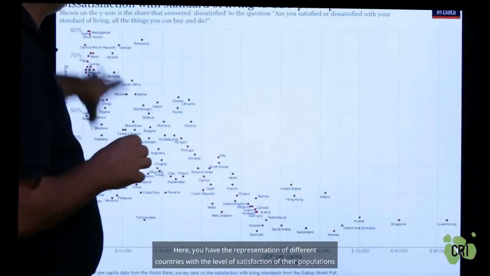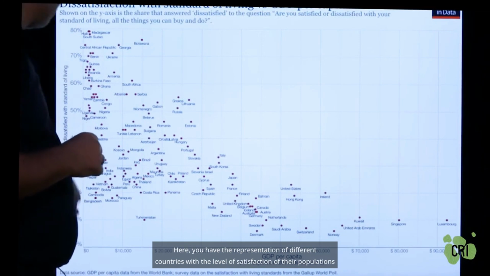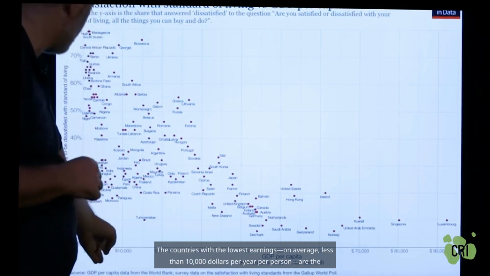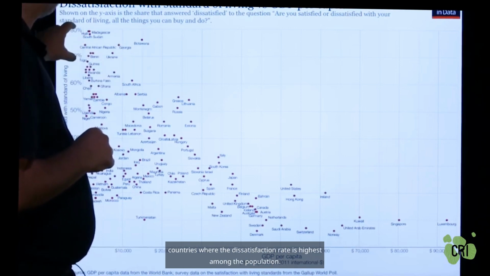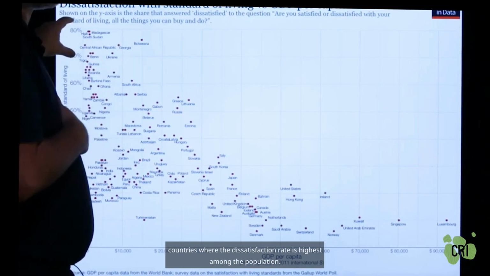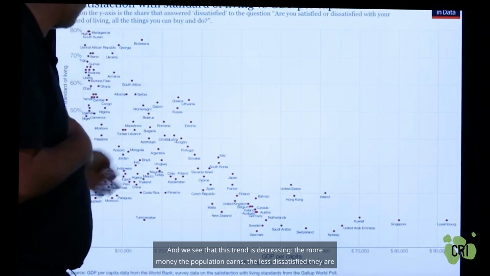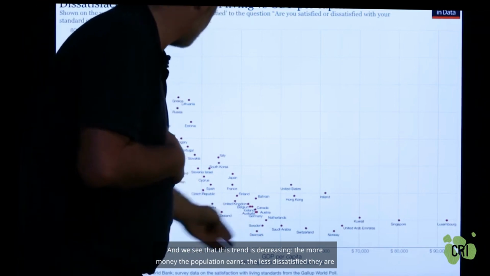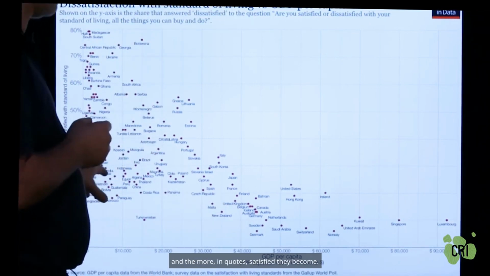Here, you have the representation of different countries with the level of satisfaction of their populations. The countries with the lowest earnings, on average less than $10,000 per year per person, are the countries where the dissatisfaction rate is highest among the population. And we see that this trend is decreasing. The more money the population earns, the less dissatisfied they are, and the more, in quotes, satisfied they become.